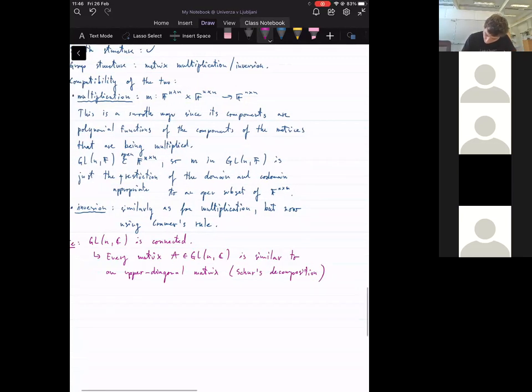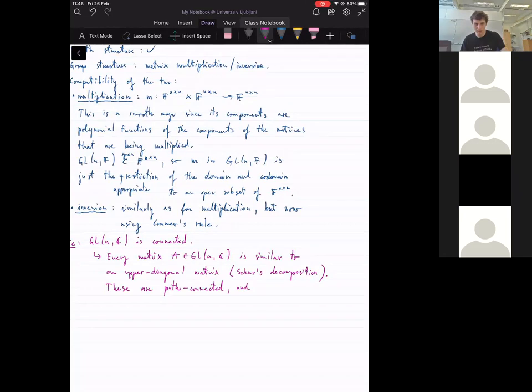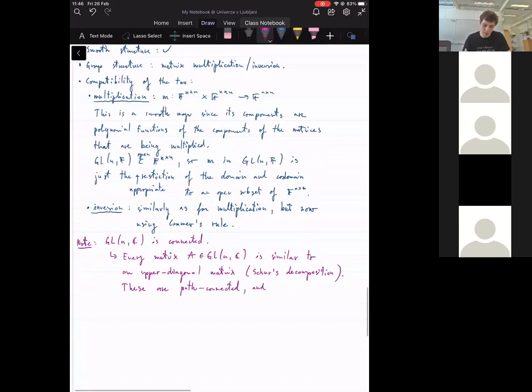And conjugation in a Lie group is a diffeomorphism, similar to left and right multiplication. Actually, conjugation in a Lie group is nothing else but the composition of left multiplication by g and right multiplication by g inverse, right?